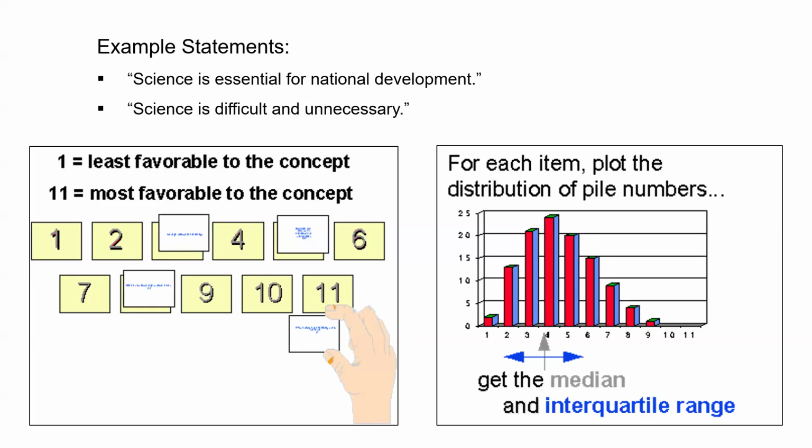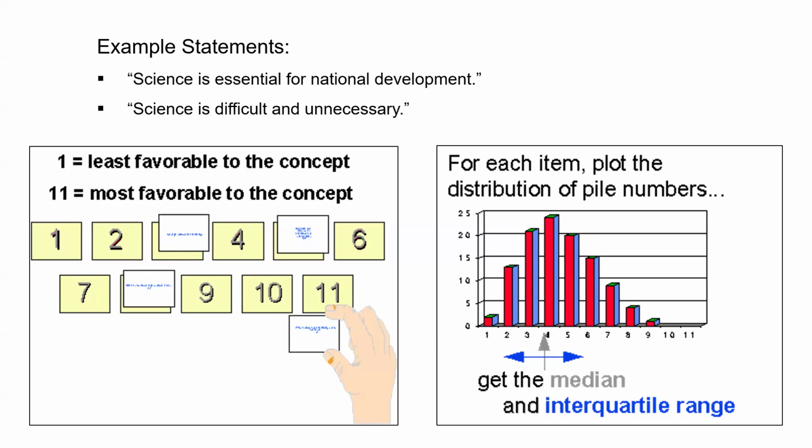Another example is: science is difficult and unnecessary. Science is very difficult and it's unnecessary to me. If you rank 11, what does it indicate? You strongly believe that statement.